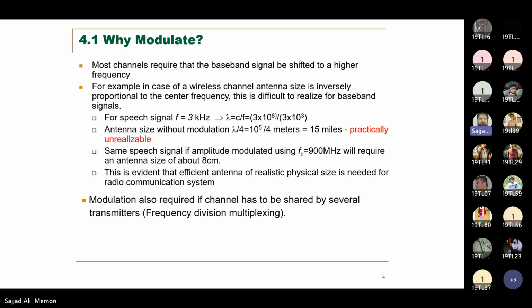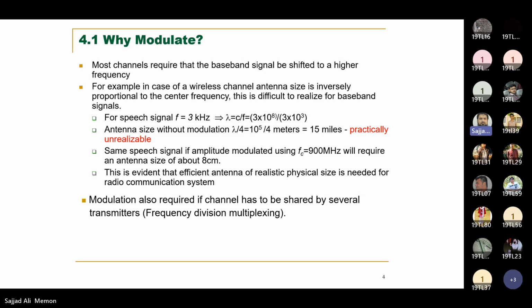The same speech signal, if amplitude modulated using a frequency of 900 megahertz, will require an antenna size of only about 8 centimeters. See, as we increase the frequency, the antenna size is reduced. An 8 centimeter antenna can be realized, which is a practical antenna.